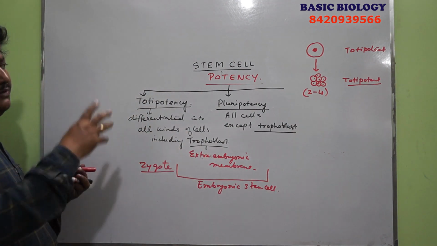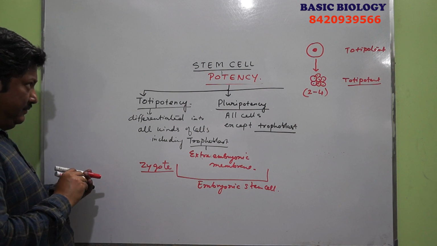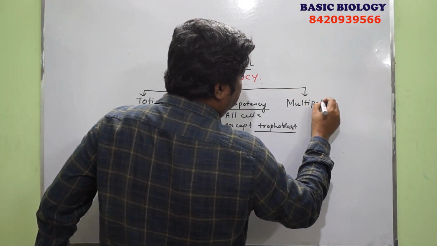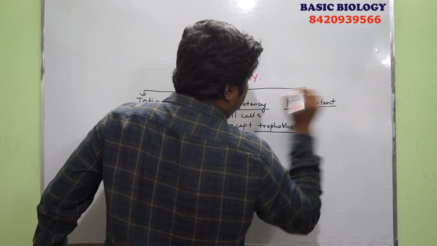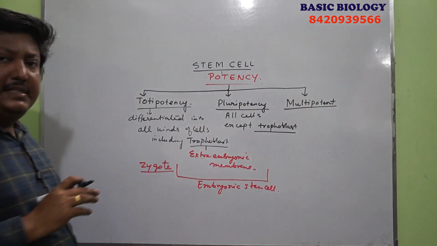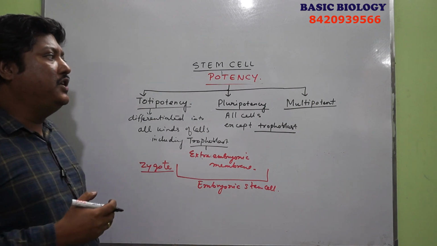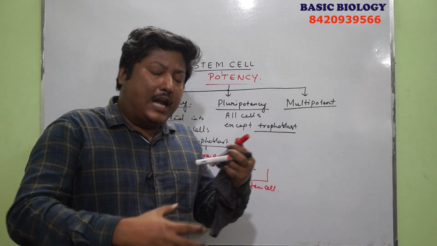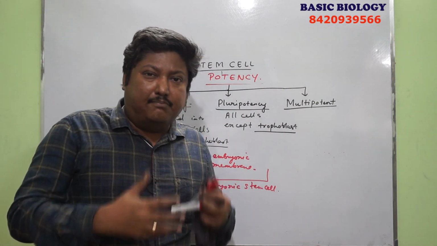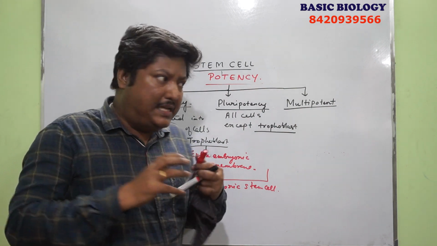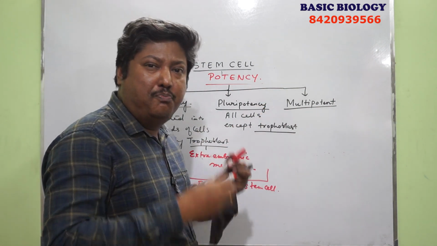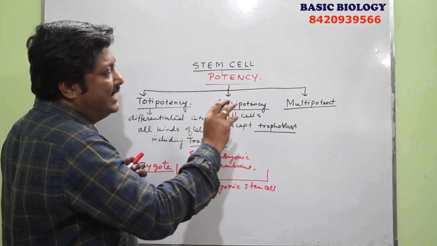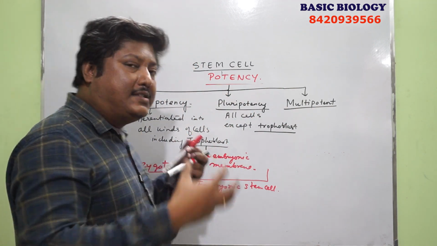Now the another subdivision is the multipotent stem cell. Multipotent stem cell means their ability of differentiation is limited. They are committed to a very small subset of cells. That means they differentiate into a minimum number of cell types. So these multipotent cells are one kind of restricted stem cell.